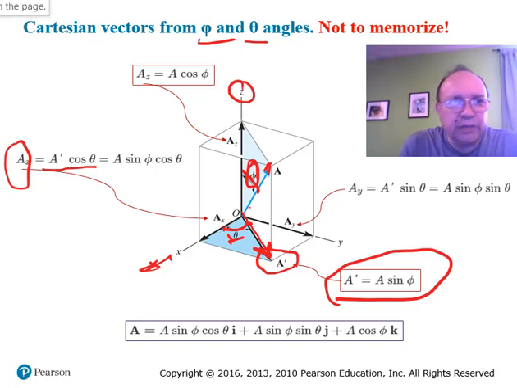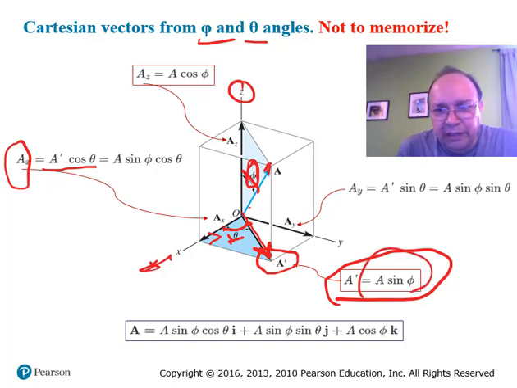It's getting a little messy, so you have to be very clean in this. Sorry, I'm not being very clean here. This is the 90-degree angle here. So A prime was A sine phi, so the x component will be A sine phi cosine theta. And same thing with the y component.